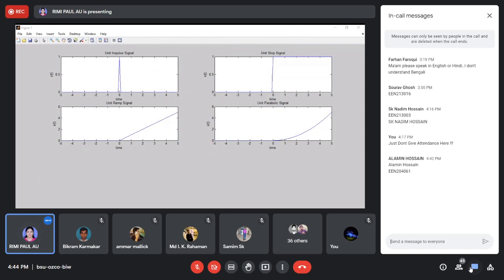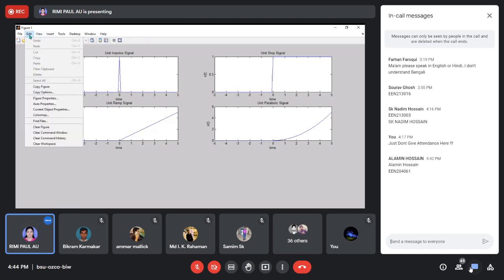In the figure, if you want to change what is written, what will you do? You will go here to the edit option. Now figure properties.